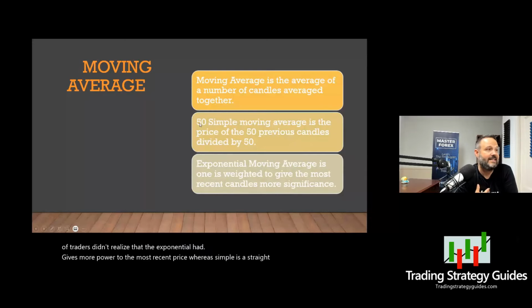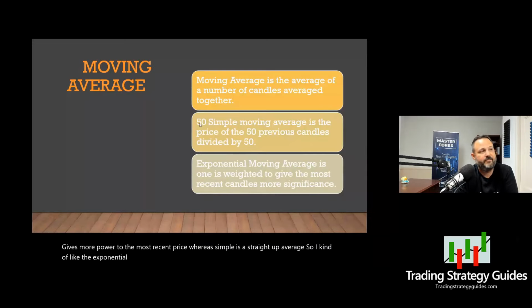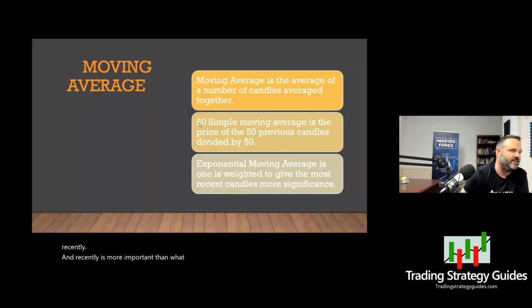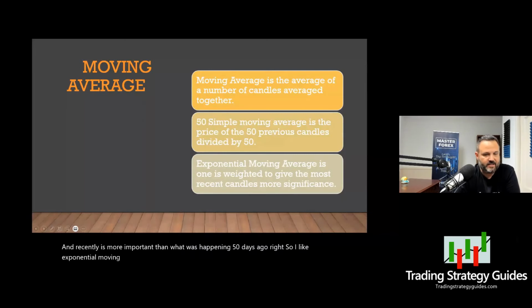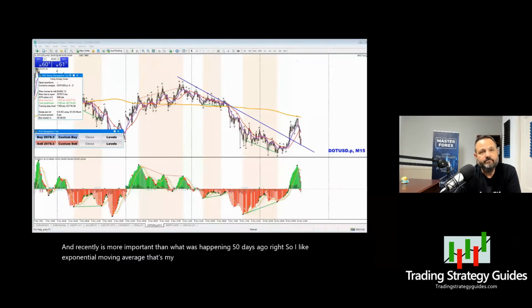I like the exponential because it gives a little bit of priority to what's been happening recently, and recently is more important than what was happening 50 days ago, right? So I like exponential moving average. That's my main reason.